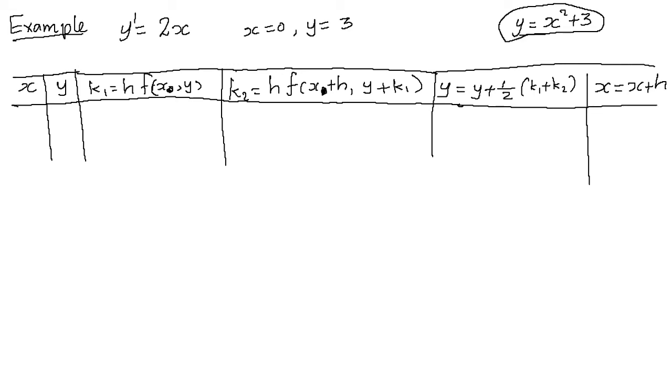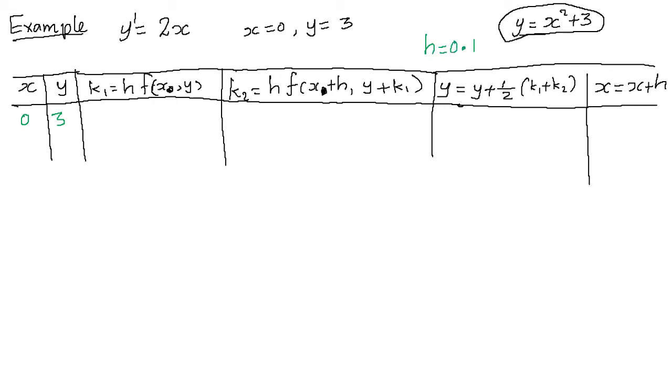Okay, this is the idea. So starting at x equal to 0 and y equal to 3, we have to travel to some point, so we'll choose h equal to 0.1.